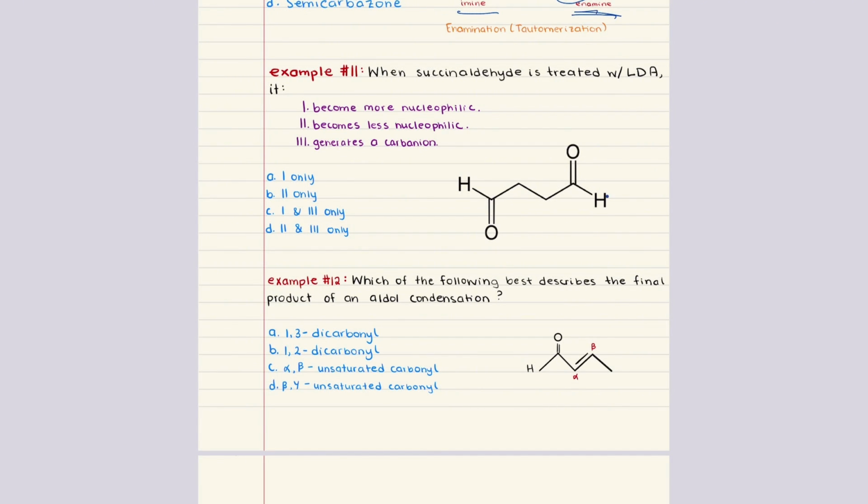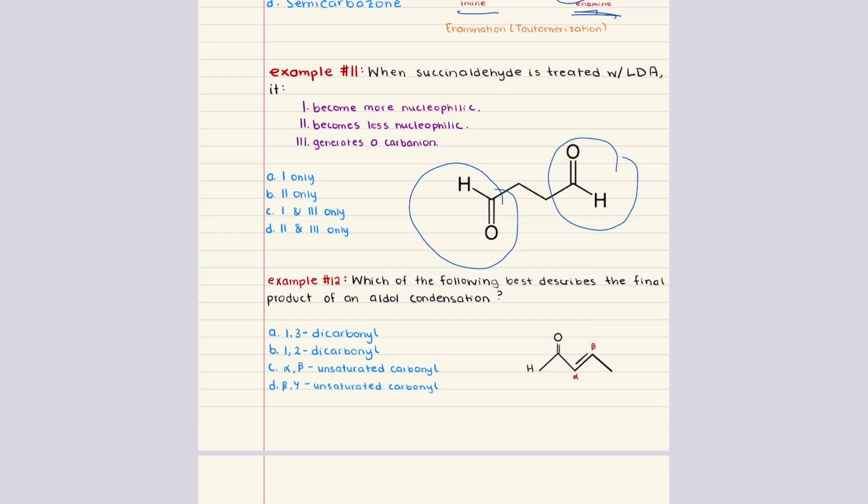Succinaldehyde contains 2 aldehyde groups, and the hydrogen atoms on the alpha carbons are relatively acidic. When treated with LDA, one of those alpha hydrogens is abstracted, and that forms a carbanion at the carbon. This carbanion is resonance stabilized by the adjacent carbonyl group, and that gives rise to an enolate ion.